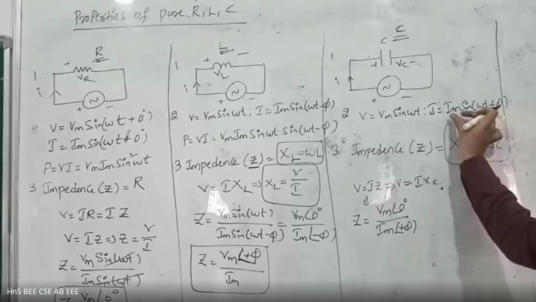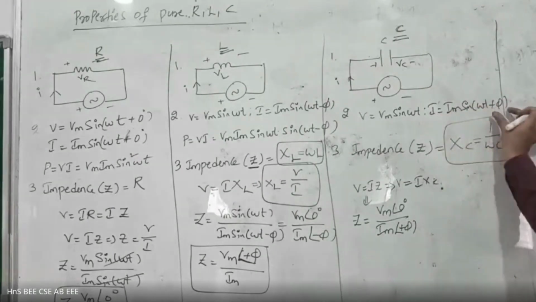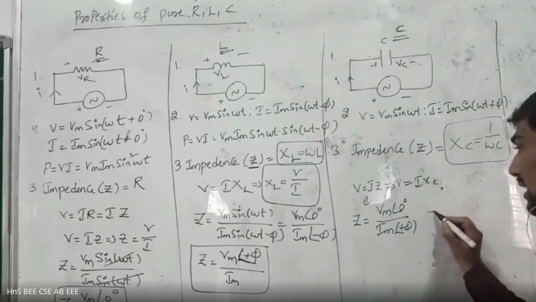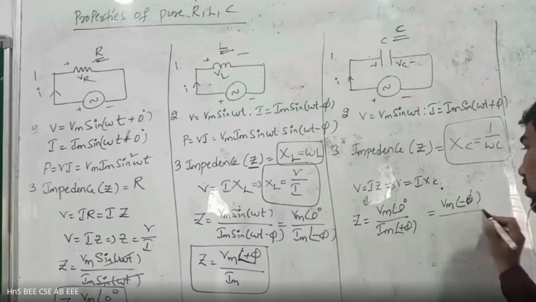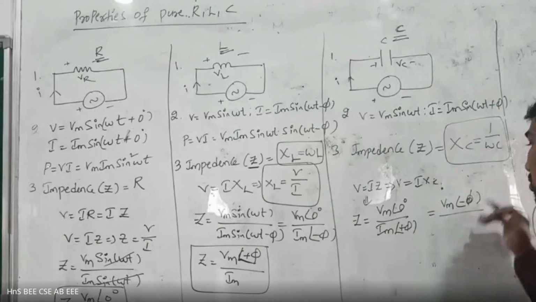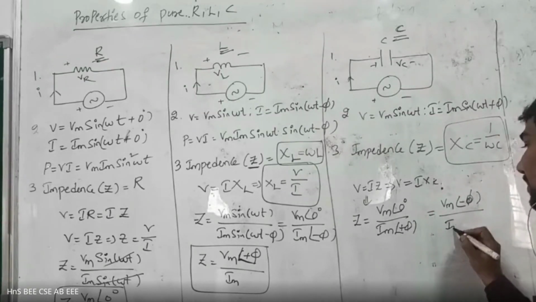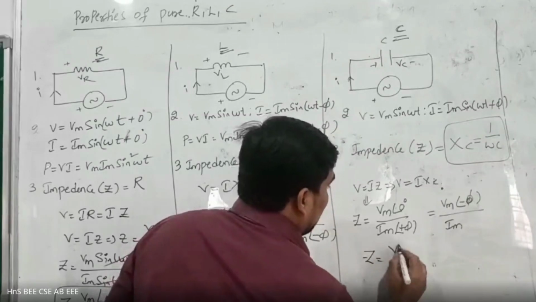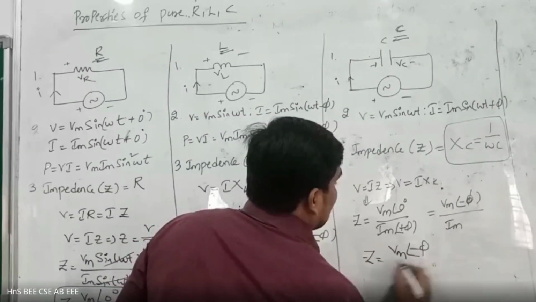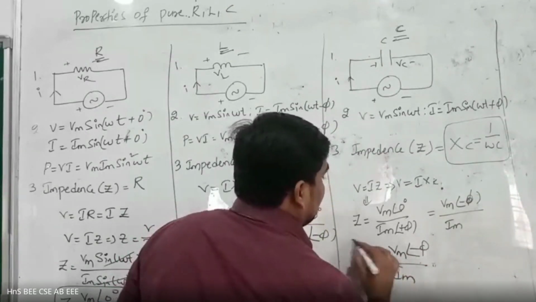What is the angle of the instantaneous current I? That is plus pi. That plus pi, coming to the numerator, becomes minus pi. Now the last answer is Z equal to Vm angle of minus pi by Im.